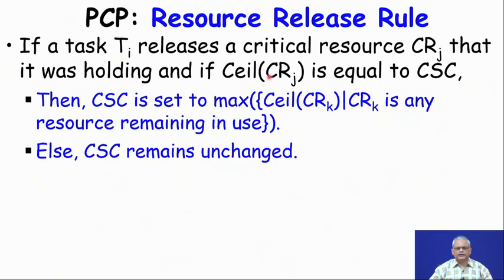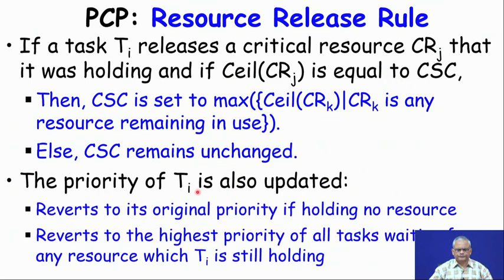But if the ceiling value of the released resource is less than CSC, then CSC remains unchanged. And also the priority of T1 is updated. If it has released a resource, then any task that was blocking on that resource might have inherited the priority. So, the task's priority in that case is reverted back to the original priority.